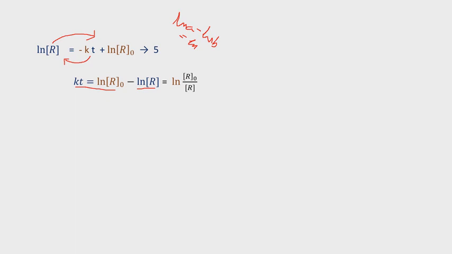This means log a minus log b equal to log a by b. By using this formula, ln r naught minus ln r can be written as ln r naught by r.